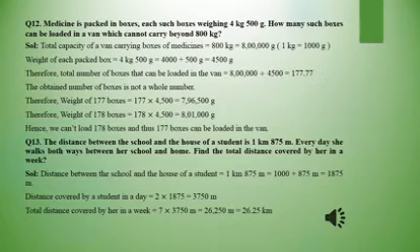So what do we do? We consider two scenarios here. Suppose we have 177 boxes which can be loaded into the van, then weight of 177 boxes would be equal to 177 multiplied by the weight of each packed box, which is 4500 grams, which is equal to 7,96,500 grams.